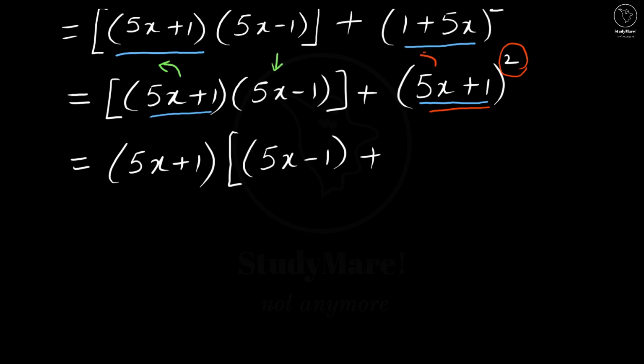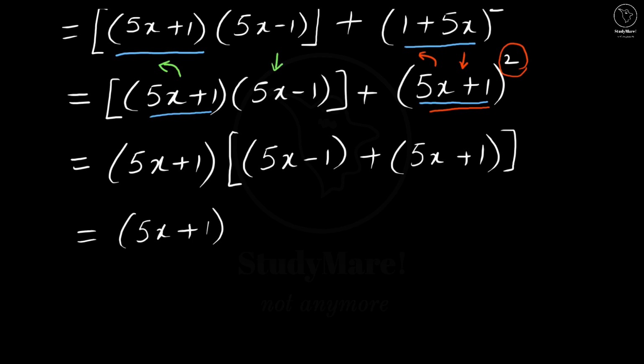One has gone out, but the other stays here, so here we write 5x plus 1. Now this is equal to (5x + 1) times [ ], and here we can simply open the brackets. So we get 5x minus 1 over here.